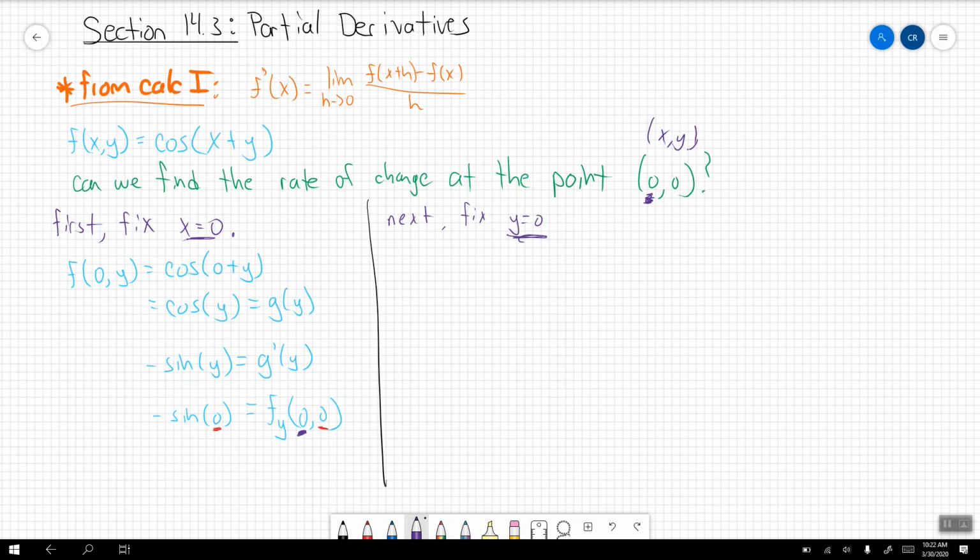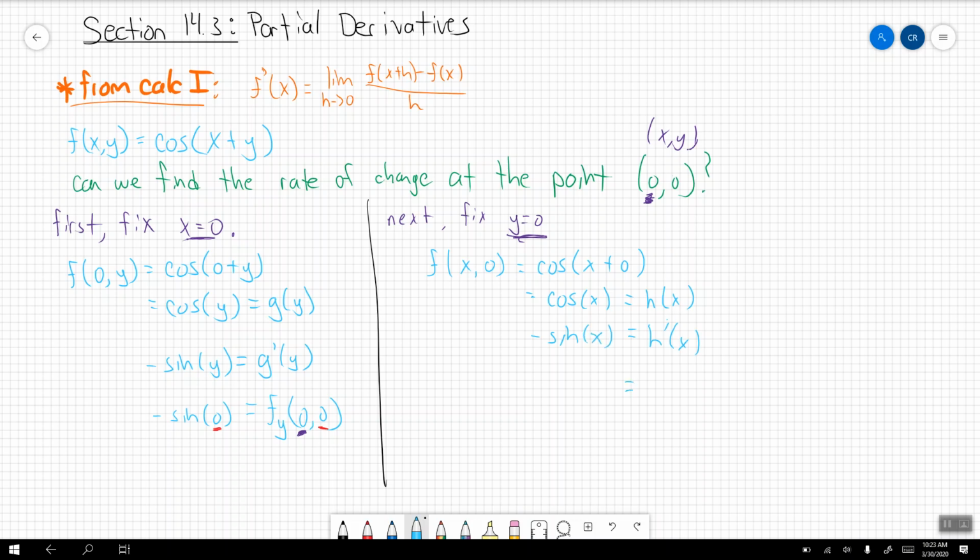And when we fix y is equal to 0, what we have then is this function in terms of x, which means we're going to have cosine of x plus 0, which means this is just cosine of x. Again, it's a one variable function, which means we can call this h of x. Taking the derivative now, h prime of x would get us negative sine of x.